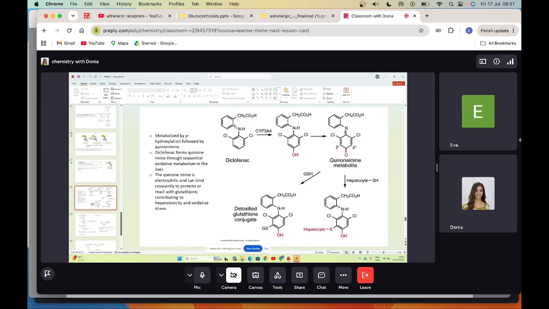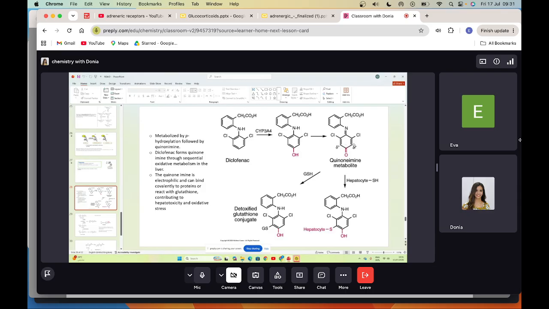Whenever you have an aromatic ring attached to a nitrogen, you will find that the metabolism will pass by para-hydroxylation, adding here OH because the NH is an electron donating group. And then further oxidation takes place on this OH to give C double bond O. Now these two carbons having C double bond O are highly electrophilic.